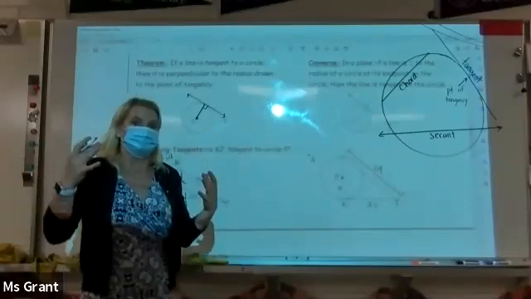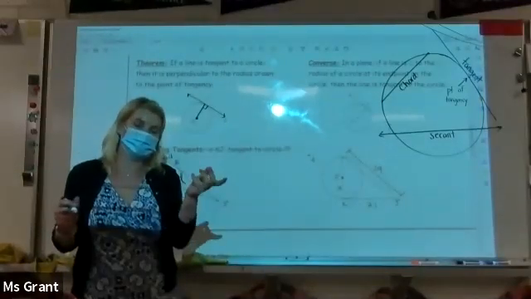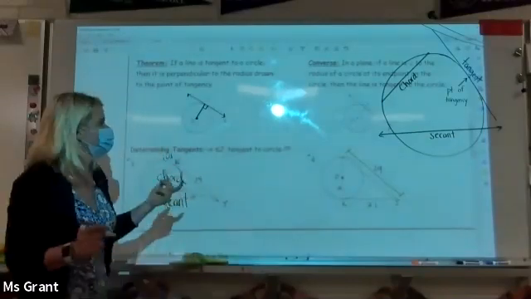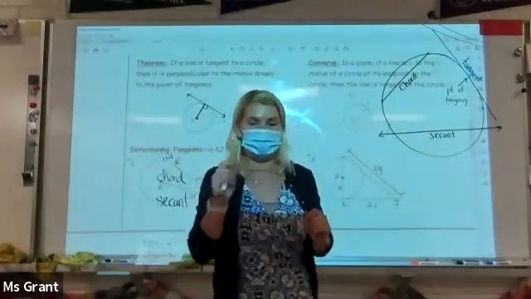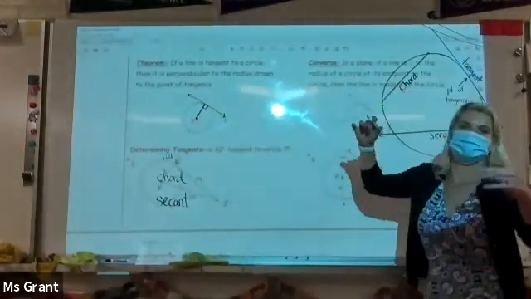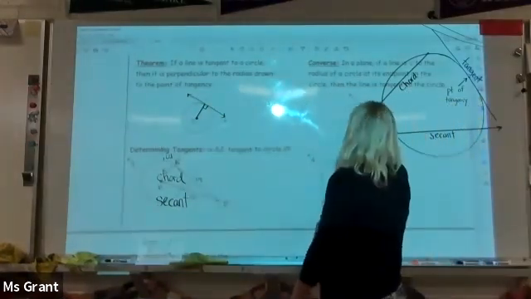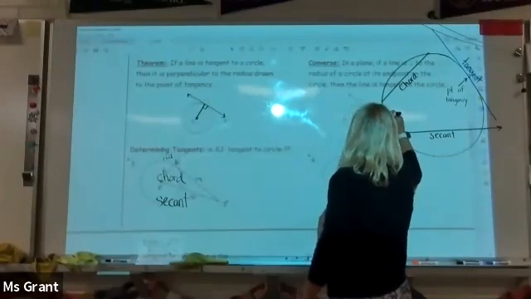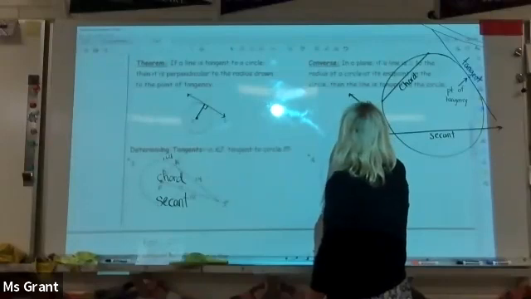So the radius, when you draw a line to the point of tangency, it creates a right angle, perpendicular. The converse is, if I have a perpendicular set of lines, and one of them is the radius, then the other must be the tangent line. So, opposite definitions, and that is what a converse means.